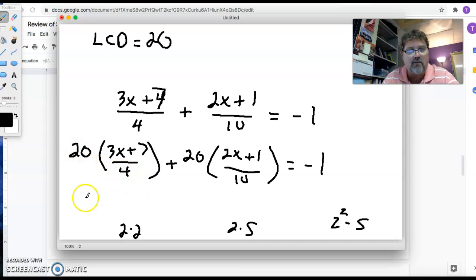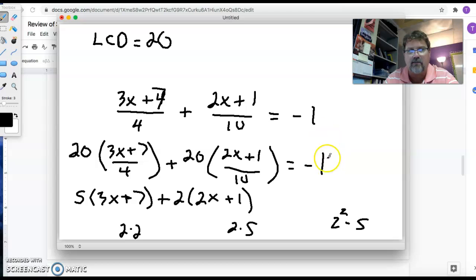So 4 goes into the 20, gives you a 5. You're still multiplying to 3x plus 7. And over here, 10 goes into the 20, gives you a 2. You're still multiplying to 2x plus 1. And you know what I messed up? I didn't multiply this guy times 20, so that's going to be negative 20. There's our beginning.